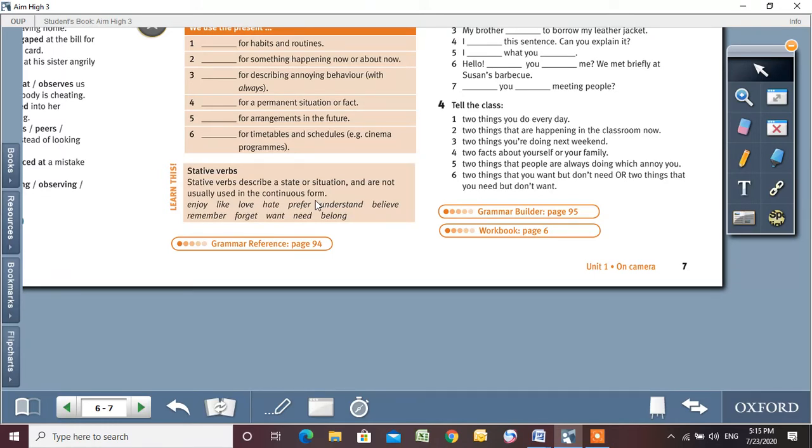So if they are expressing an action, like he is tasting the cheese, or she is smelling the perfume, in this case we can use them in the present continuous tense. So the verbs enjoy, like, love, hate, prefer, understand, believe, remember, forget, want, need, belong.